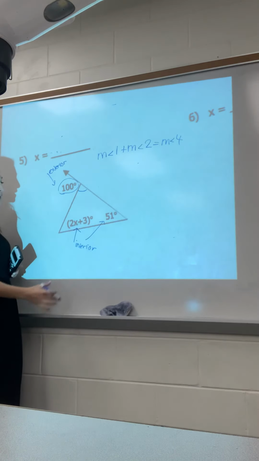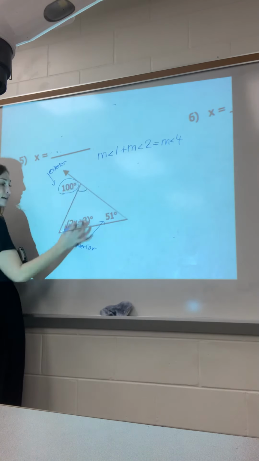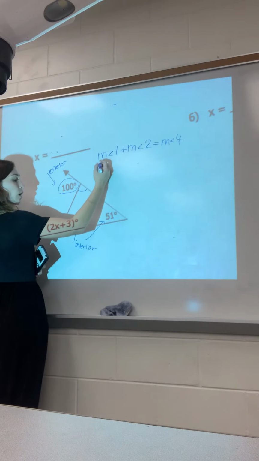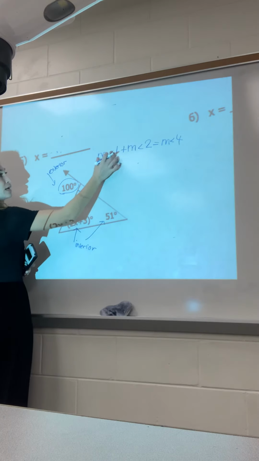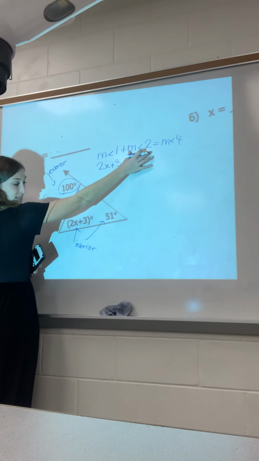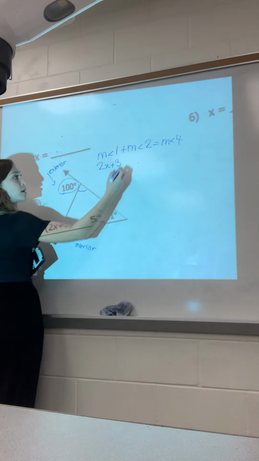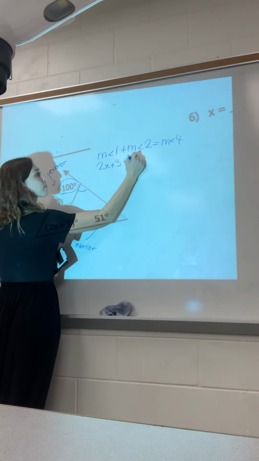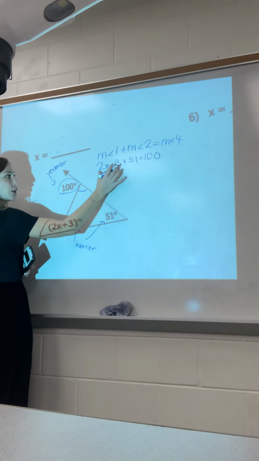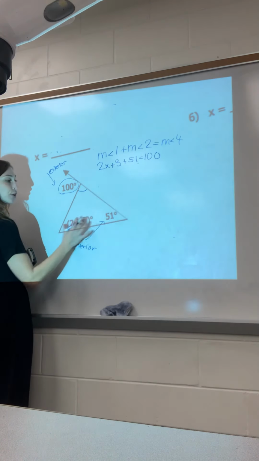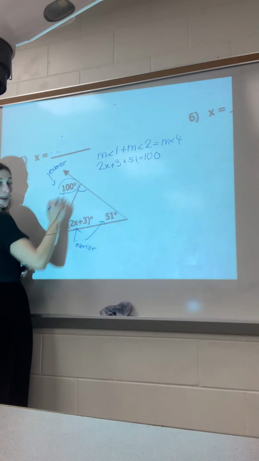Okay? So I know if these two angles add up to 100, I can find x. So in this case, I'm going to do measure of angle 1, which is 2x plus 3. And it does not matter what order you put this in, okay? I could have put 51 first, okay? Plus 51 gives me 100. So once again, I knew to add these two because these two angles give me 100. So that's how I'm going to find x.